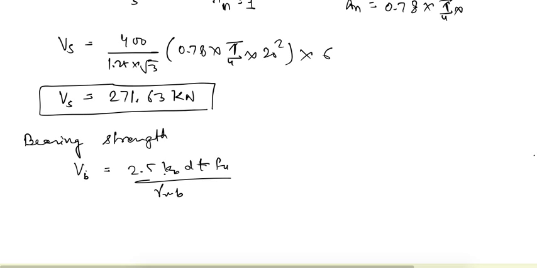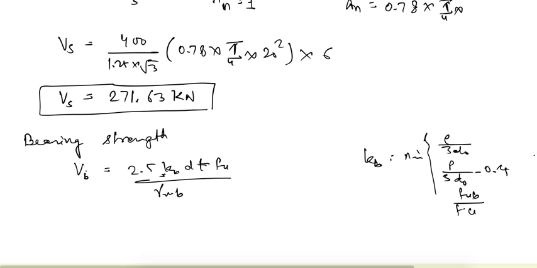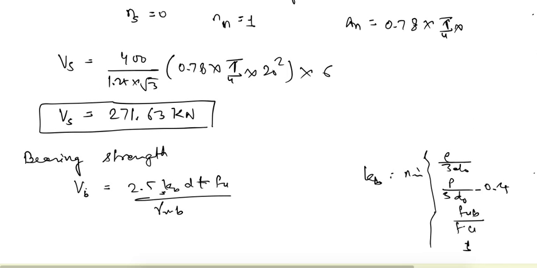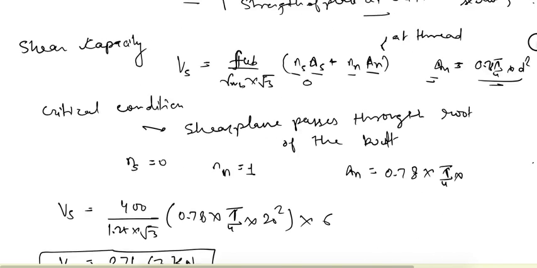Now kb we have to find with these four criteria, that is minimum of e upon 3d naught, p upon 3d naught minus 0.25, fub by fu, and 1. So it cannot be greater than 1. Using these criteria we can calculate. What is the value of e?